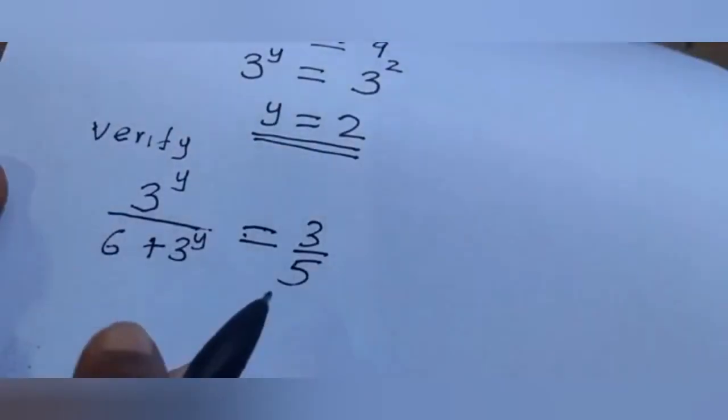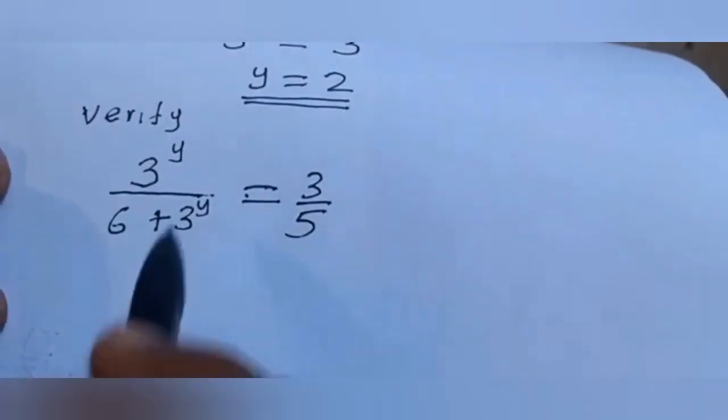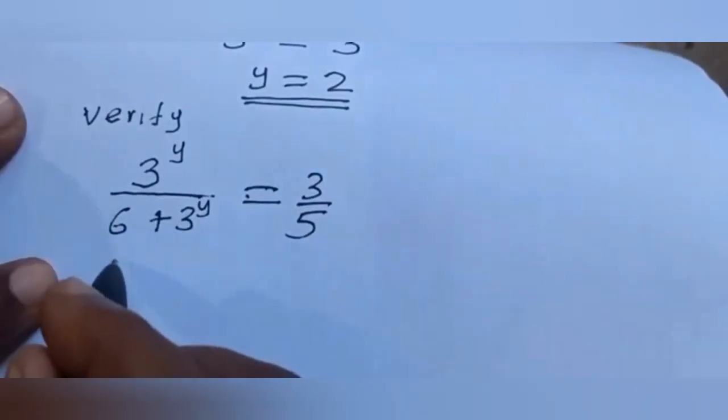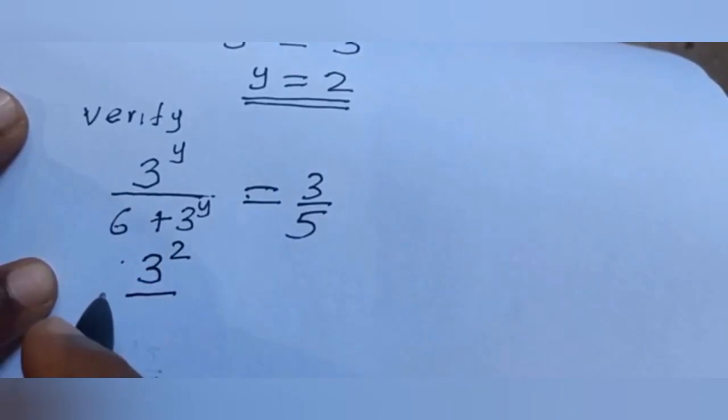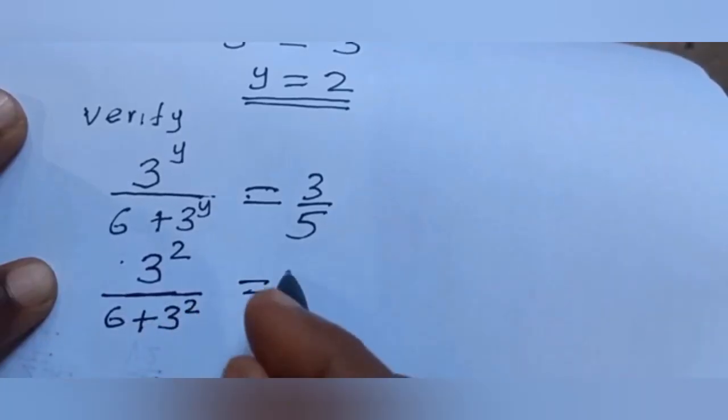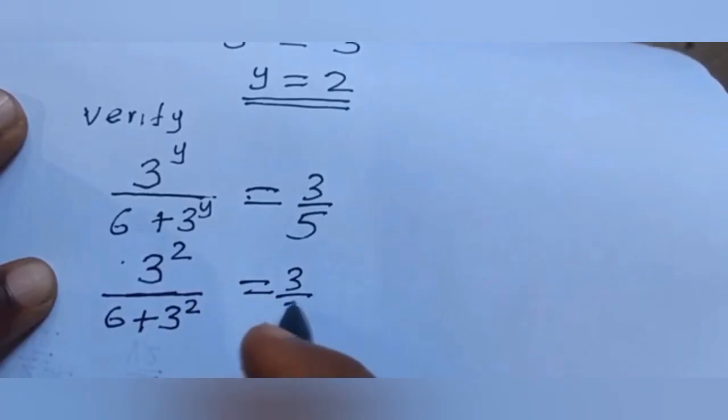Let us verify by substituting the value y equals 2. We have 3 raised to power 2 over 6 plus 3 raised to power 2 equals 3 over 5.